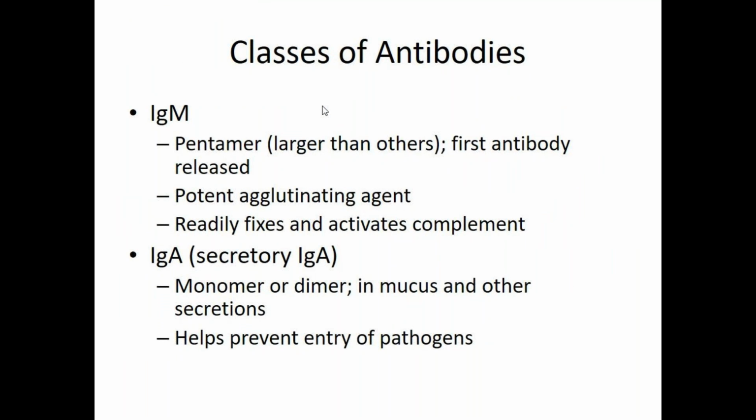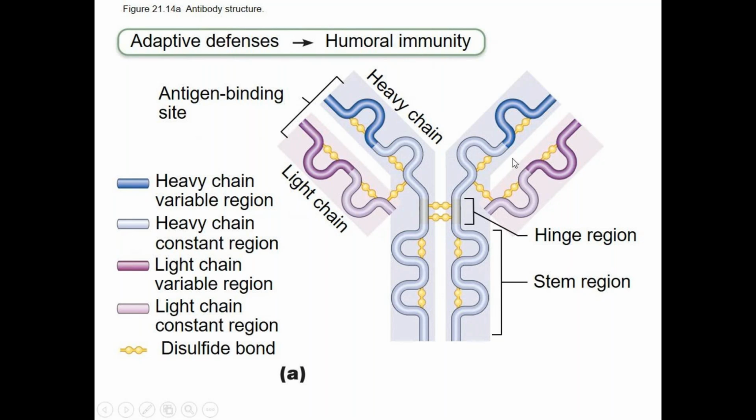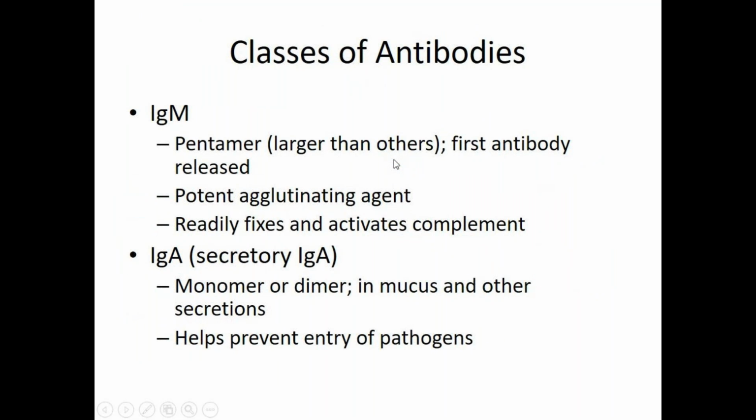Antibodies themselves, like I said, they come in 5 different flavors. IgM, this is one of the biggest groups of antibodies. It's a pentamer, so it is 5 of these things stuck together. And this is the first antibody that you make. So when you have an immune reaction, your plasma cells begin dumping out this IgM.